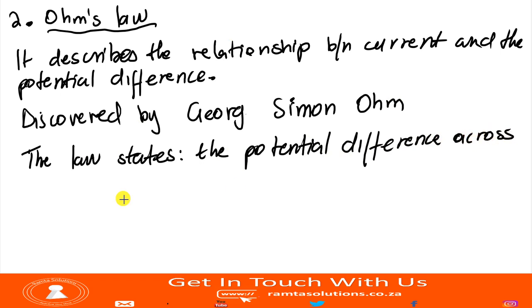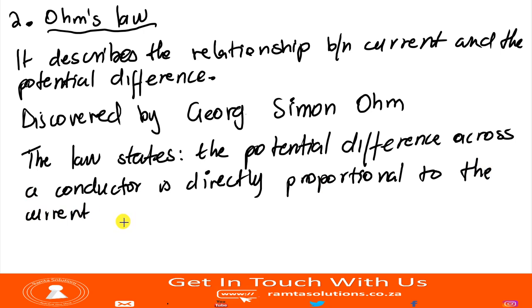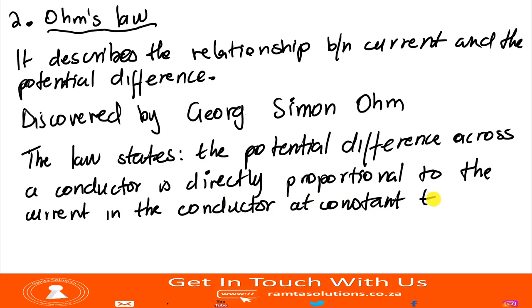It looks so serious when I say across. The potential difference across a conductor is directly proportional to the current in the conductor at constant temperature. All right? At constant temperature.